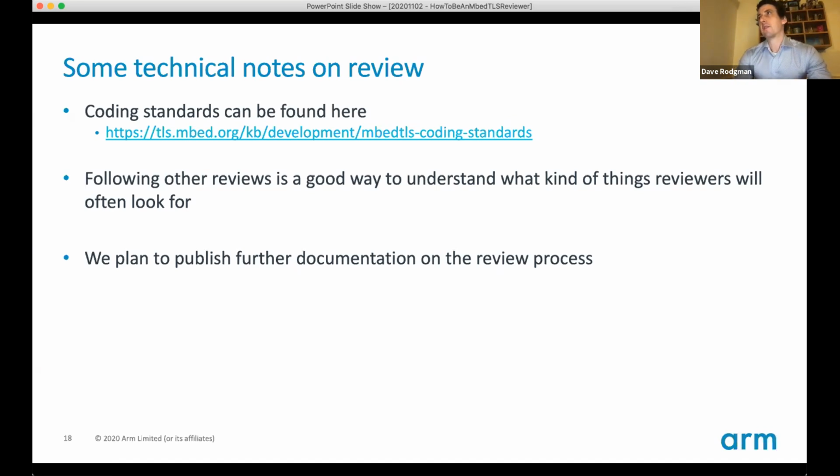Looking at other people's reviews is a good way of understanding what people normally call out in reviews, what kinds of things people are looking for. We do have some internal documentation that goes into more detail about a range of things that we'll typically look for, and we plan to publish that in due course.